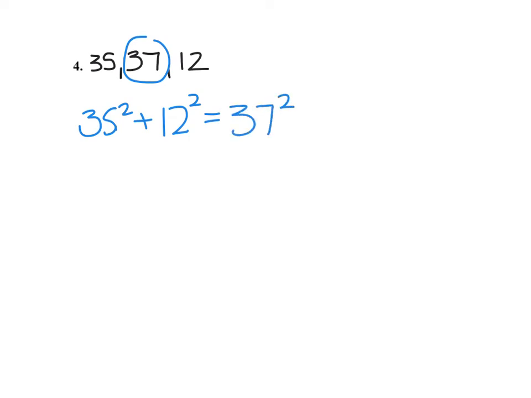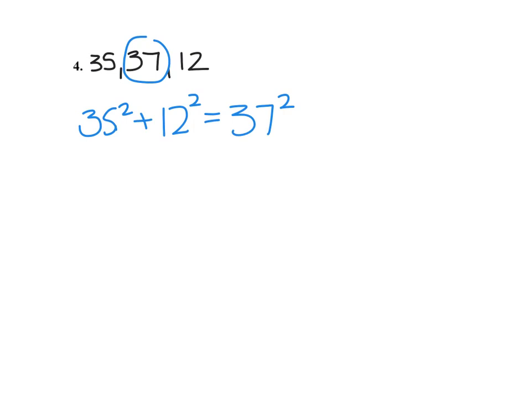All right, so let's take a look at this last example. Notice how we have 35, 37, and 12. Again, remember that c squared has to be the biggest side, so we're going to save that to be on the end with the c squared. So I'm going to assign 35 as my a and 12 as my b, and because 37 is our longest side, that is going to be our hypotenuse.